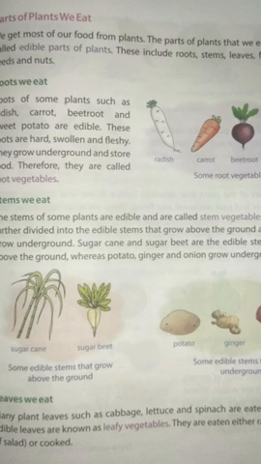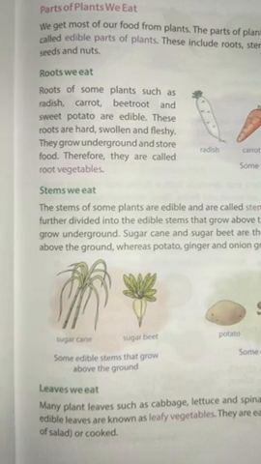They can be further divided into the edible stems that grow above the ground and those that grow underground. Sugarcane and sugar beet are the edible stems that grow above the ground, whereas potato, ginger and onion grow underground.